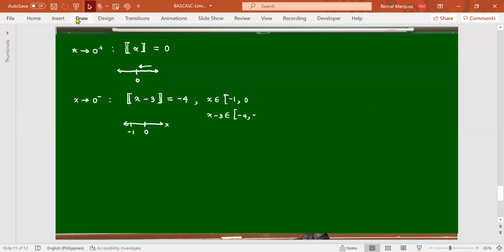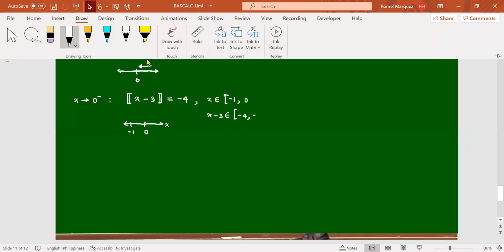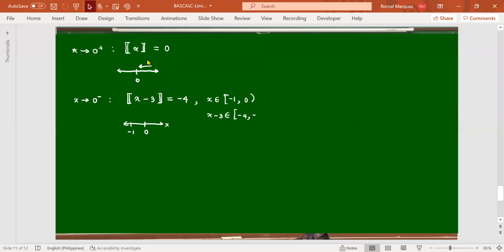Naduduling na ako. Kasi to the left eh. Negative 3. Okay? Kapag ang value ng x minus 3 nasa pagitan ng negative 4 to less than negative 3, so, laging ito ay negative 4. Okay, guys?